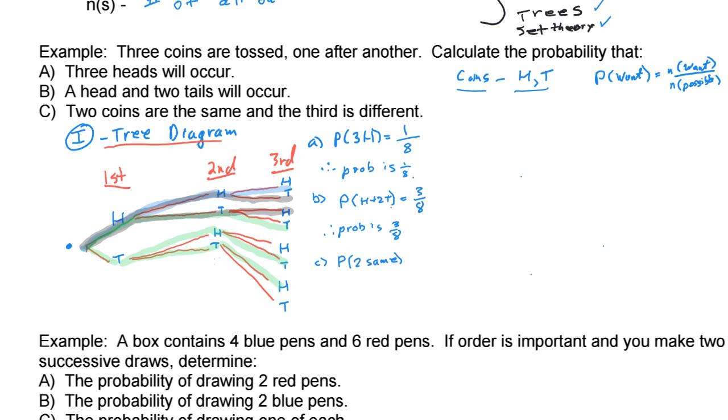So we couldn't have head, tail, and then tail, but now we could have a tail to start and then a second tail, and then the third would be a head. Then you could have a tail followed by a head and then followed by a tail again. Now, those are pretty easy.